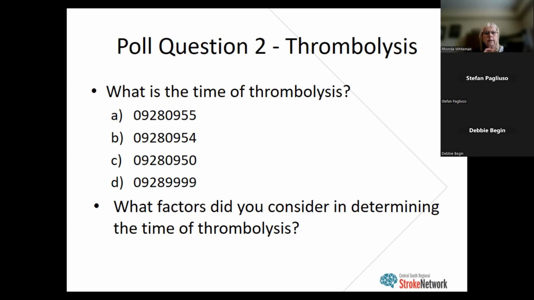Again, we can see 9:55, 9:54 at 10%, 9:50 at 50%, and 9:59 at 13%. So what kind of factors did people consider when they were determining the time of thrombolysis?